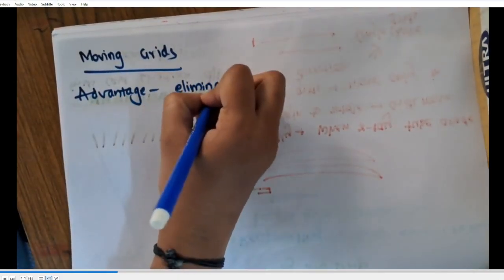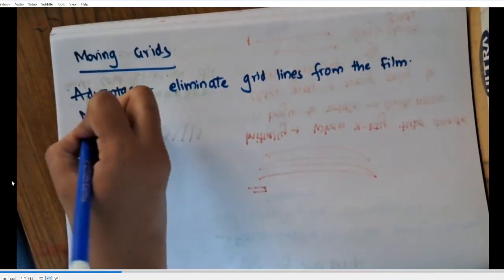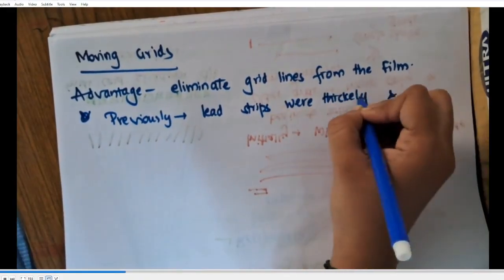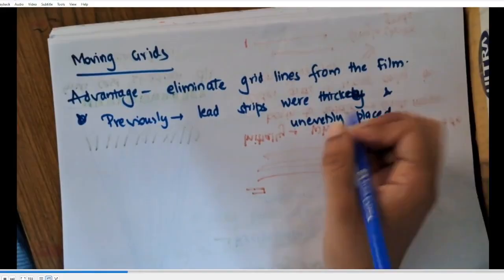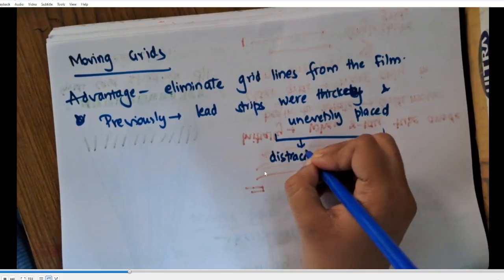Instead, we use moving grids which can move back and forth as the anode rotates. Moving grids are advantageous because they eliminate grid lines from the film. Many years ago, this was important because the lead strips were thick and unevenly spaced. With improving manufacturing methods, the grids are improving, so the grid lines are not as distracting.